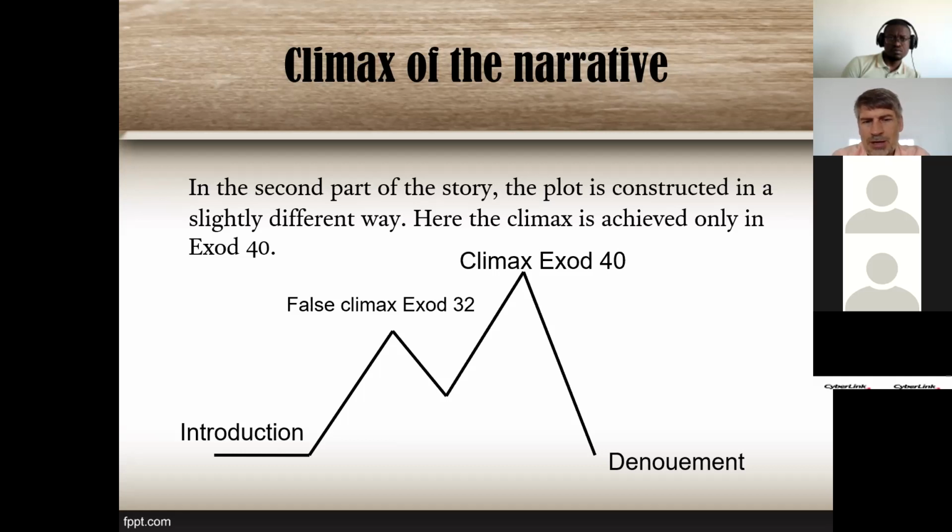Again, the narrative is developing, and the climax we can find in chapter 40, when the glory of God settled upon the built tabernacle. After that, we almost immediately have the end of the book.